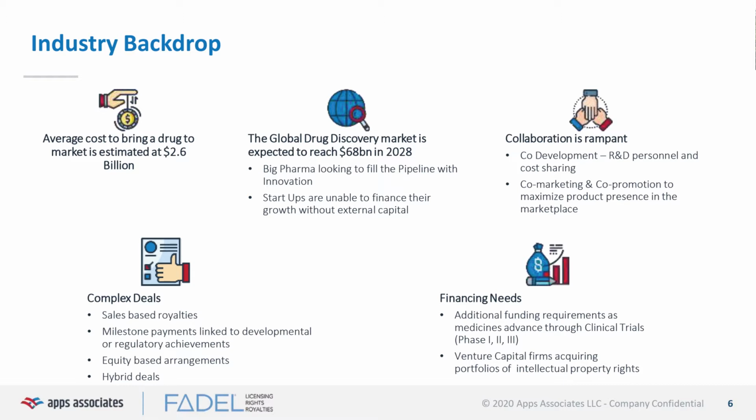And it takes more than a village. It takes a large community out there. It takes the big companies and the small companies, right? The big pharma companies in particular are looking to fill their pipeline with new innovative solutions. About 10 years ago, the pipeline of new products approved each year was about 30% small biotech firms.